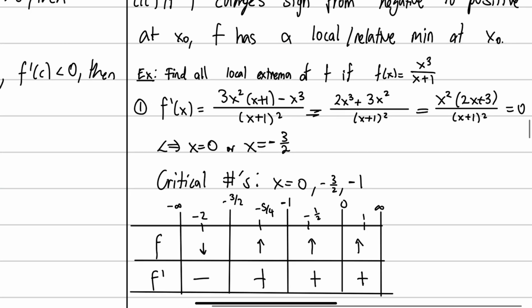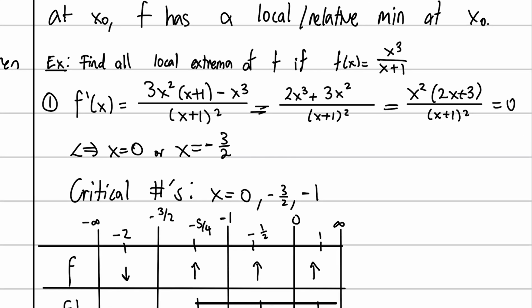So for example, find the local extrema of f of x if f of x is equal to x cubed over x plus 1. Our first step is always to find f prime, and hopefully you know how to take the derivative. When you do that, you'll notice we have this, and then we can simplify. Here we do want to use some algebra, simplify it out, and set that equal to 0.